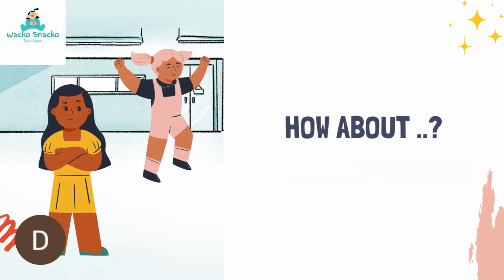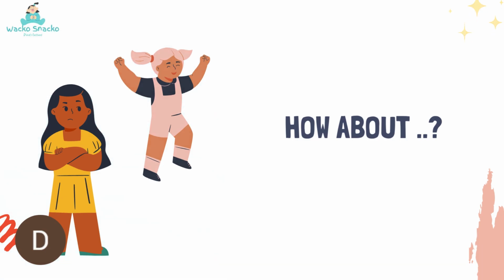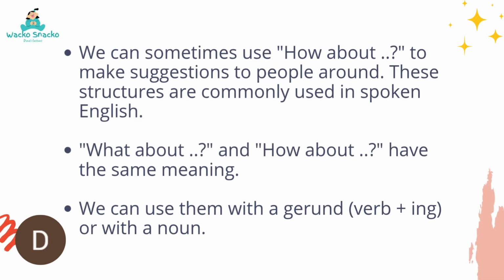Let's talk about "how about." "How about" can also be said as "what about." So, "what about" and "how about" are exactly the same. We can sometimes use "how about" to make suggestions to people around. These structures are commonly used in spoken English.